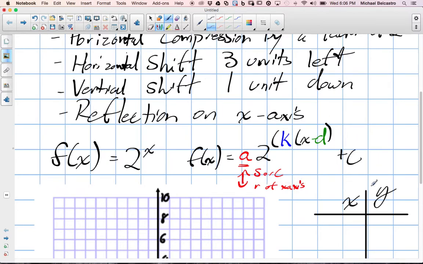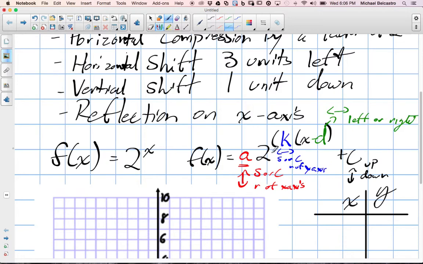Okay. Our C will deal with vertical shifts, so either up or down. Our K deals with horizontal stretches or compressions and reflections on the y-axis, and I'm running out of room here. And our D deals with horizontal shifts, so either left or right.